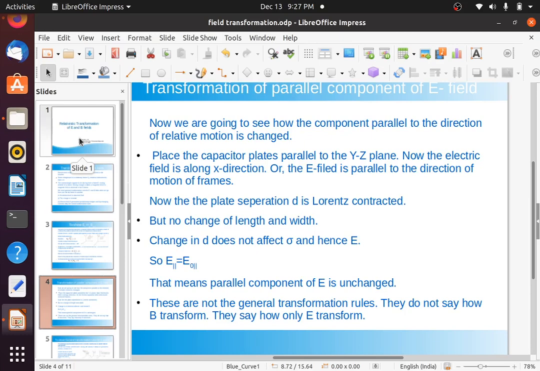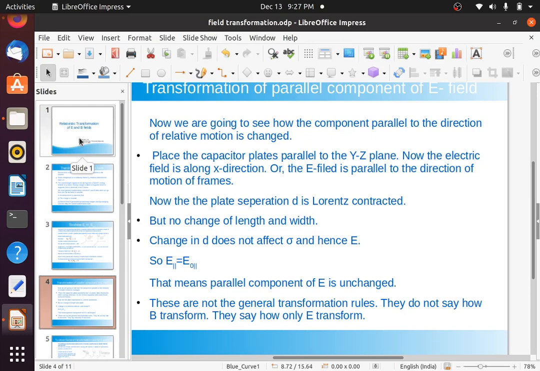But there may not be any change in the length and width because they are in a direction perpendicular to the direction of motion. So the change in D does not in any way affect sigma or the calculation of the electric field, so the electric field doesn't get modified.